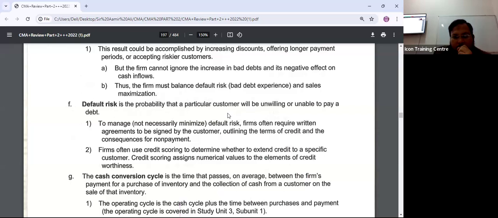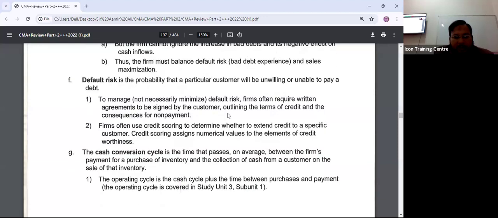Firms often use credit scoring to determine whether to extend credit to a specific customer. Credit scoring assigns numerical values to the elements of creditworthiness. If there is a customer whose credit score is very high, you can rely on him, right? If there is a customer whose credit score is low, you cannot rely on him.